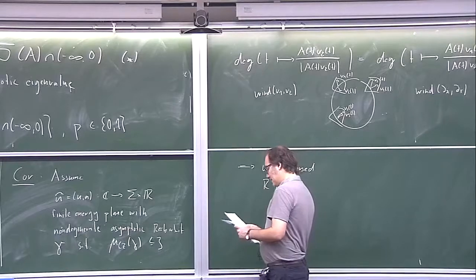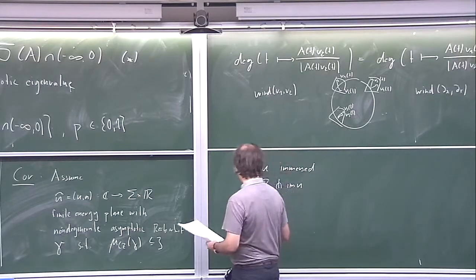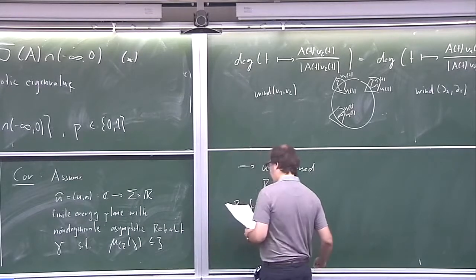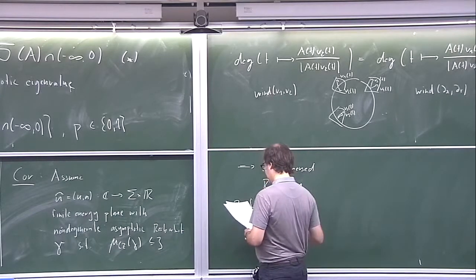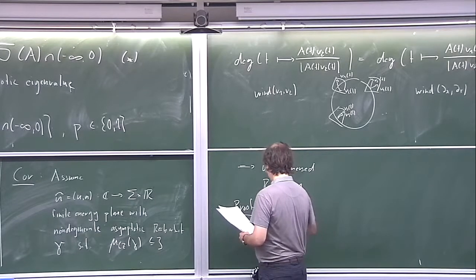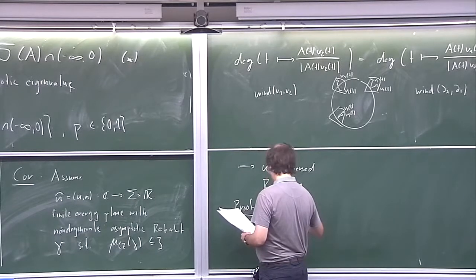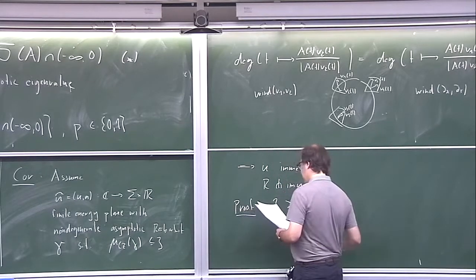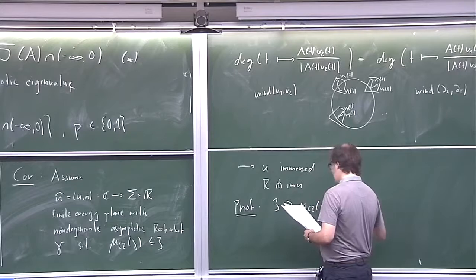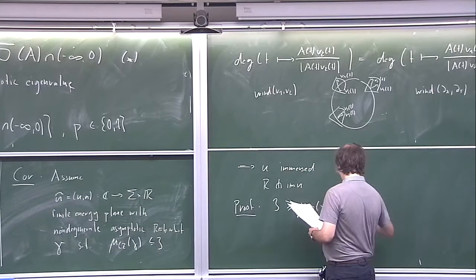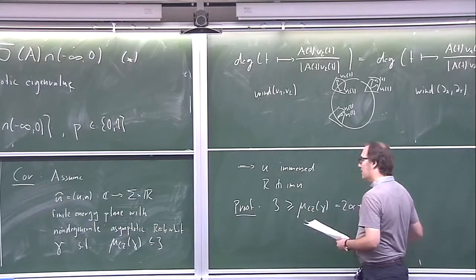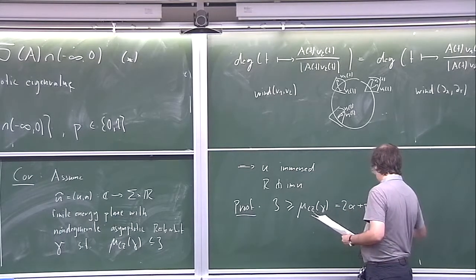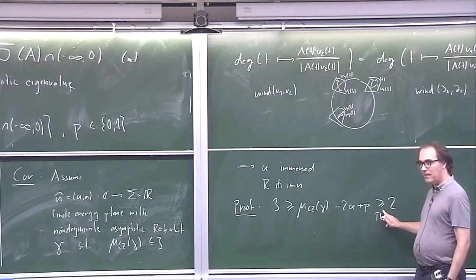Good. So let's prove the corollary. So we have 3, this is by assumption bigger or equal to the Conley-Zehnder index of gamma, and this is 2 alpha plus p, and this is also bigger or equal to, yeah, this we now know by the theorem.